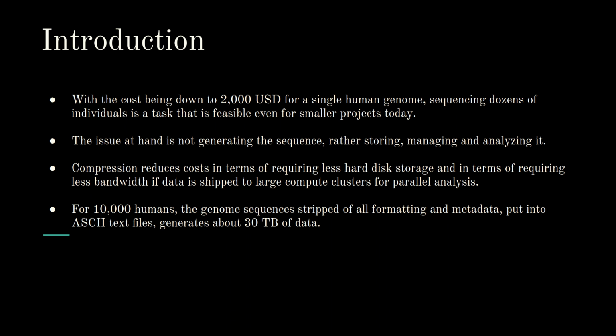Along with that, how do you manage it and analyze it for scientific purposes, whatever the data stored in the genomic sequence? So the first thing that comes to our mind when we think of storing something is compression, and it would basically reduce the overall disk size required to store the file.